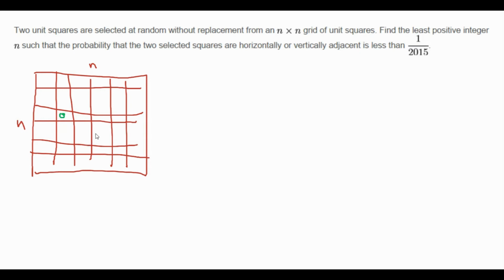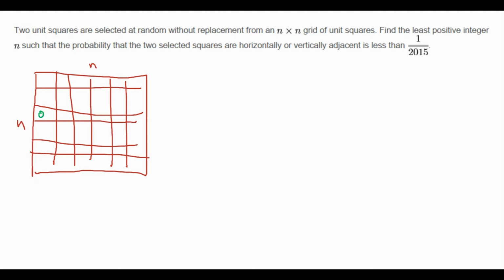And otherwise, it's a bad case. And we want to find the probability of this being less than 1 over 2015. So one idea is to start with choosing one square, for example right here, and then find the probability that the other square is adjacent to this square, horizontally or vertically.